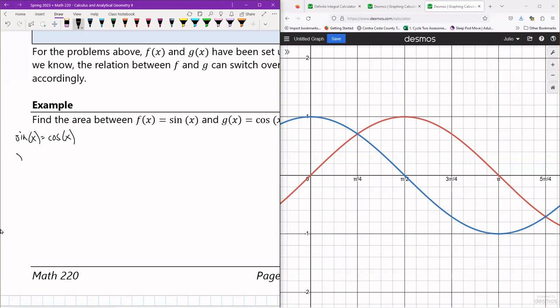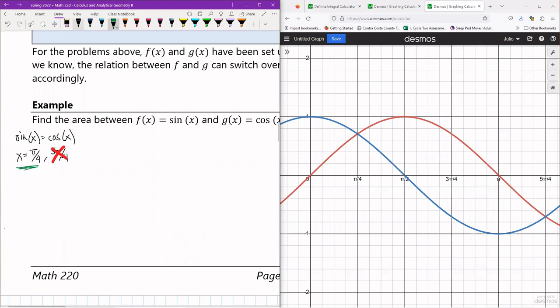In order for this to happen, x has to be pi over 4 and 5 pi over 4. Now, our interval states that we want it between 0 and pi. That's good news for us. That one doesn't count. So this one's the only one that does this.